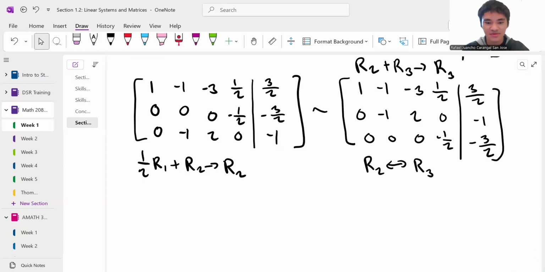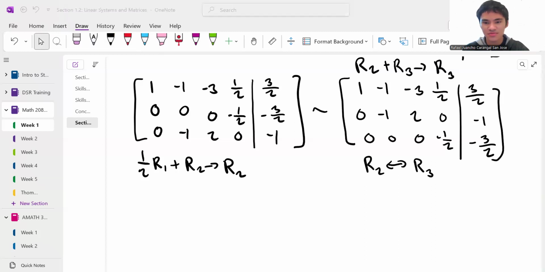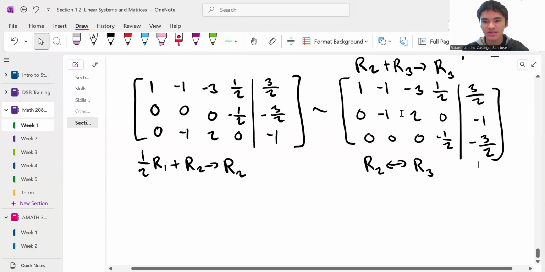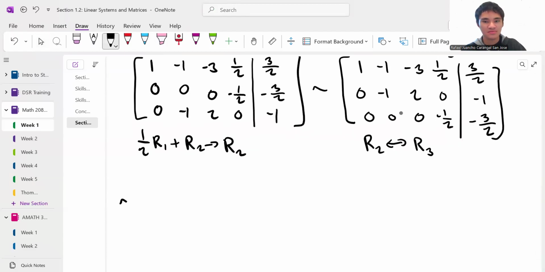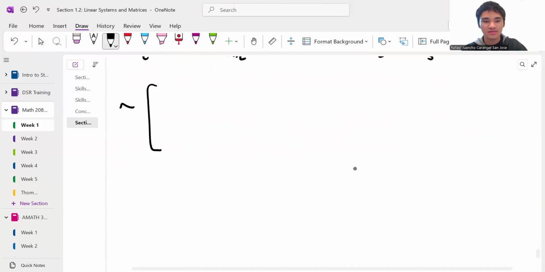Okay. Wait, let me just check. Has to be. Yeah, I do have it. Oh, got the exact numbers. So what he did now was he multiplied by 2 because it's nicer, to row 1 and row 2.